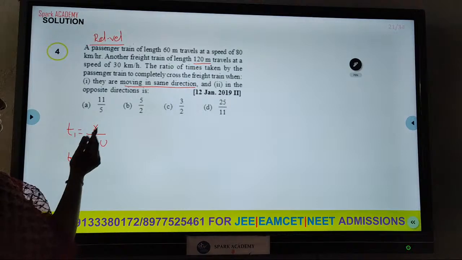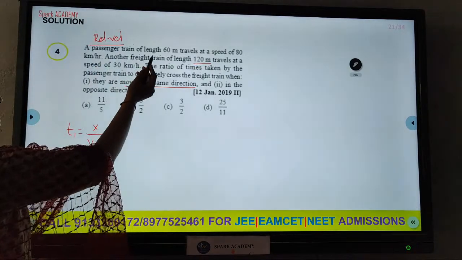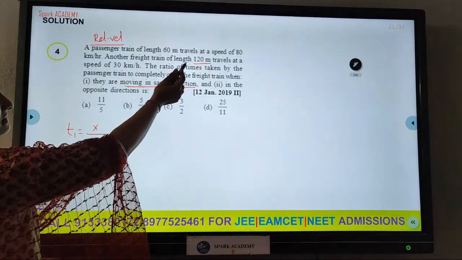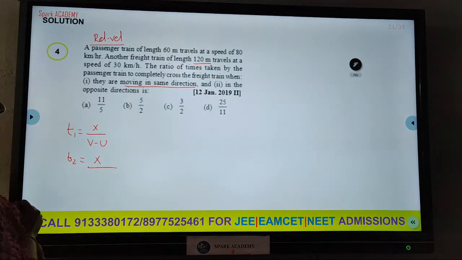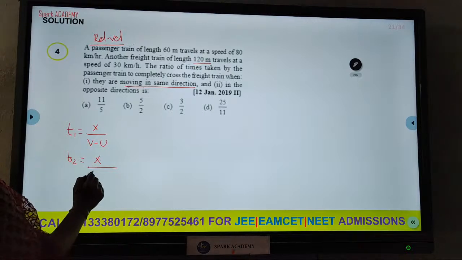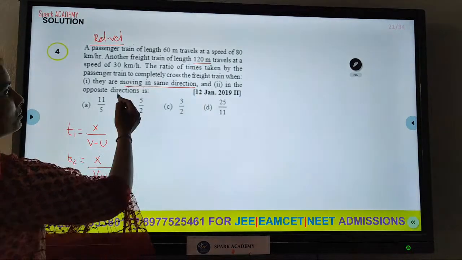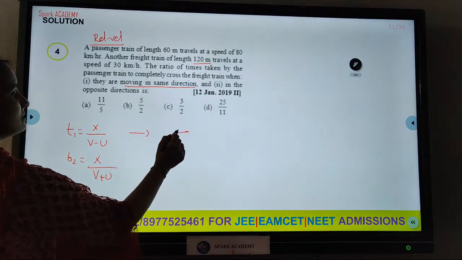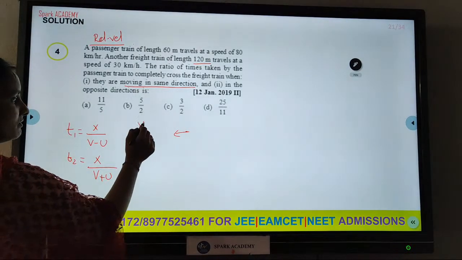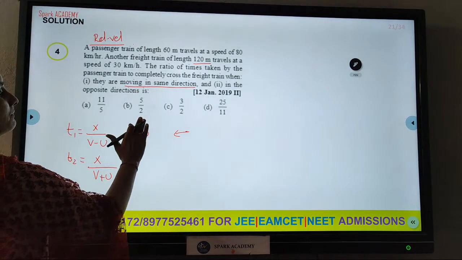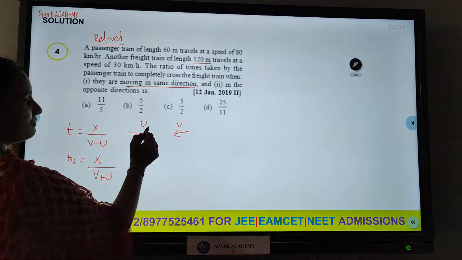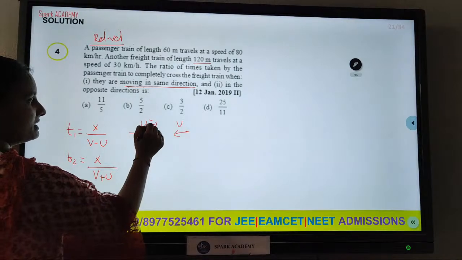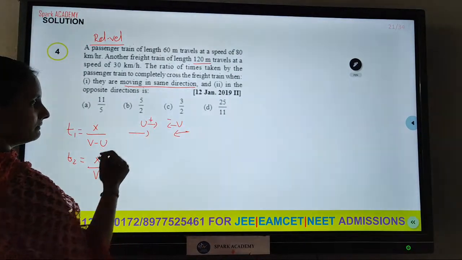Let the passenger train travel the distance, let us say it is x, we take it as 120, again by v plus u, because they are moving in opposite directions. If the first train speed is u and the second train speed is v, it is plus and it will be negative.